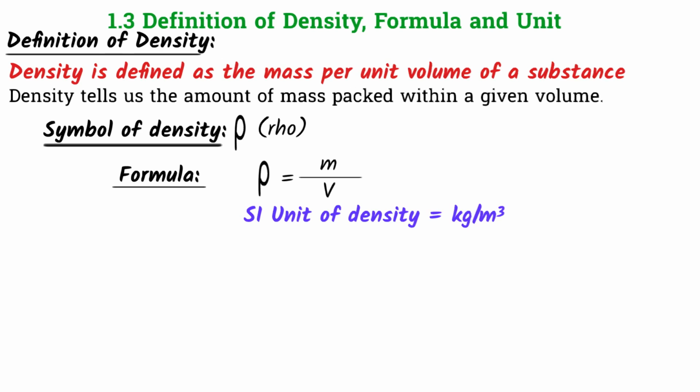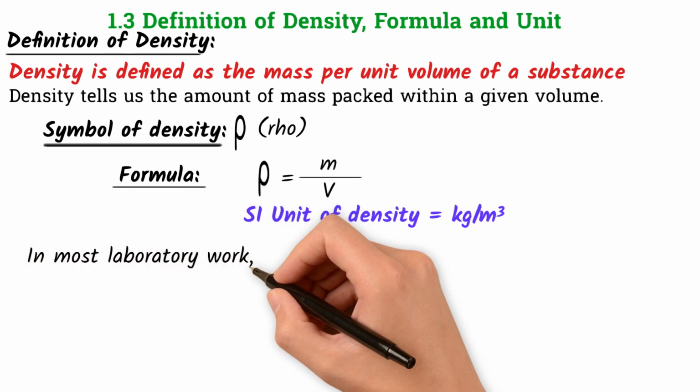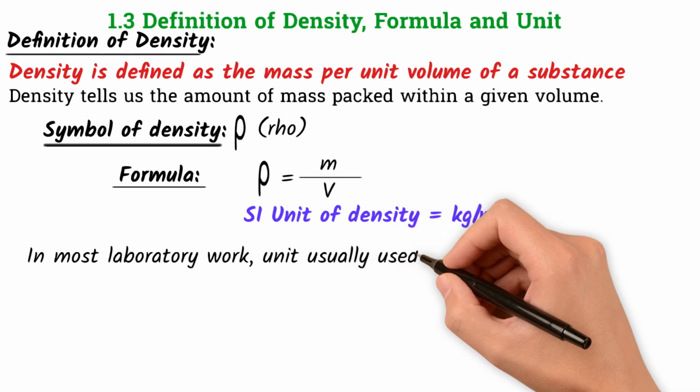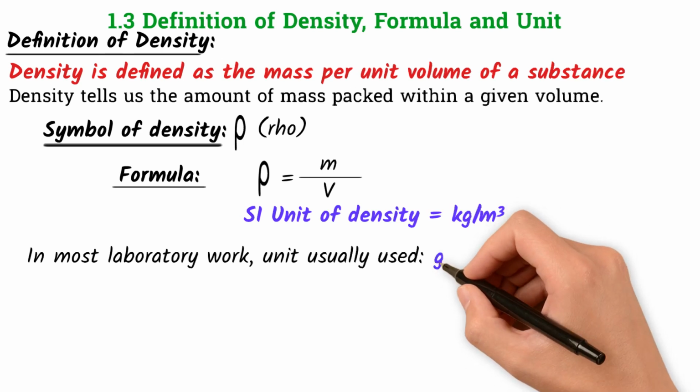However, in most laboratory work, scientists deal with samples. And when you are dealing with samples, it is not practical to express the mass of a small sample in kilograms. Kilogram is a large unit. So scientists usually express the mass of samples in grams and the volume in centimeters cubed.